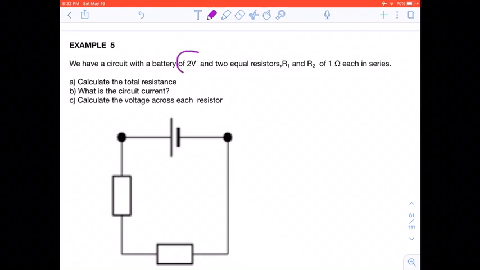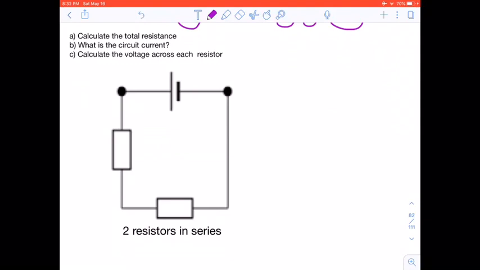Now if we look at the next one, you have a 2 volt battery again, and you've got resistors R1 and R2 of 1 ohm each, in series. So here they're in series.